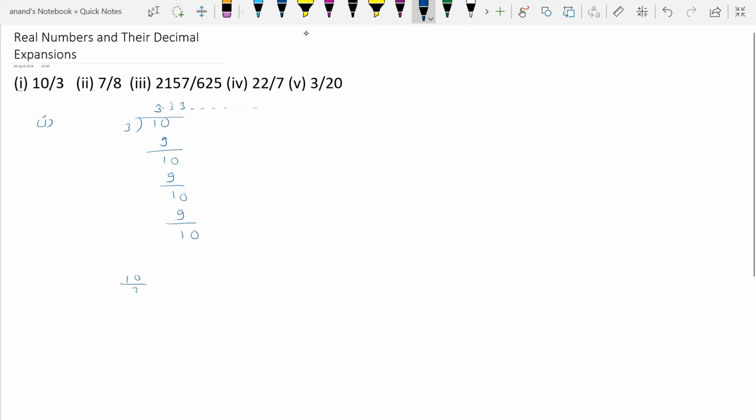So the decimal expansion of 10 by 3 is 3.3 bar, or 10 by 3 as 3.333, and so on.